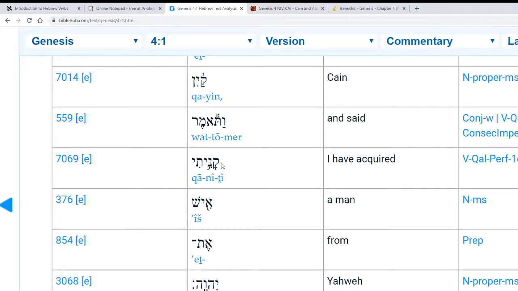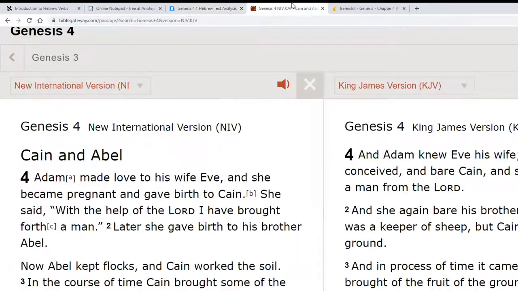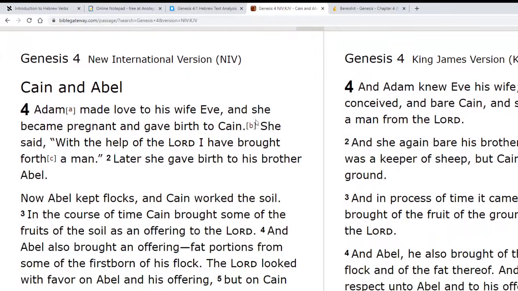I don't even know which root they would say it is, so no idea. Sorry. Okay, so with the help of the Lord, I have brought forth a man. I don't know where they got that.